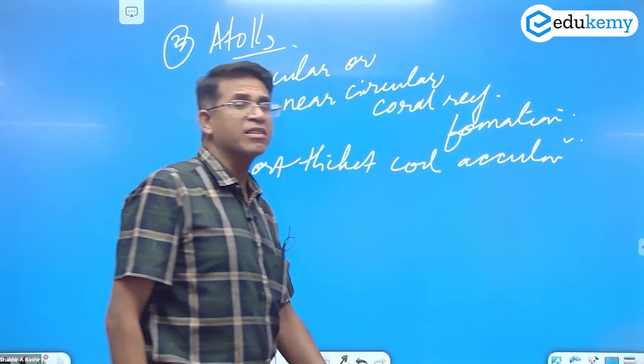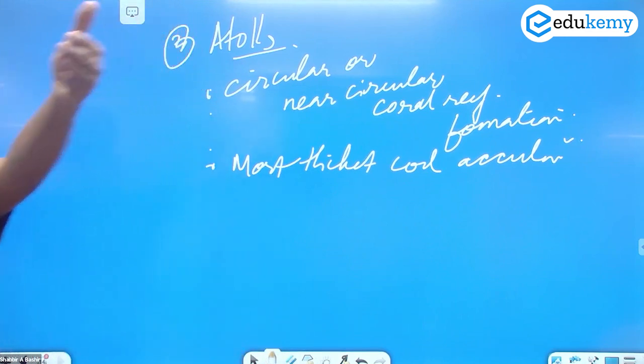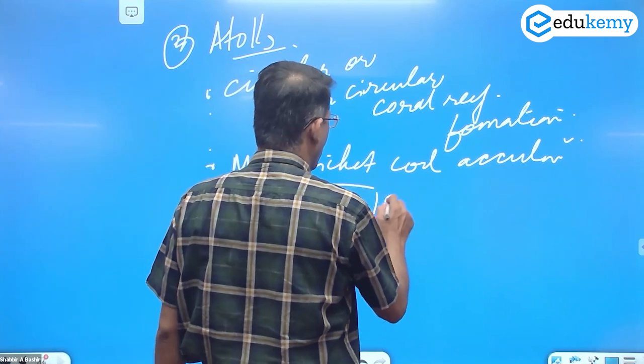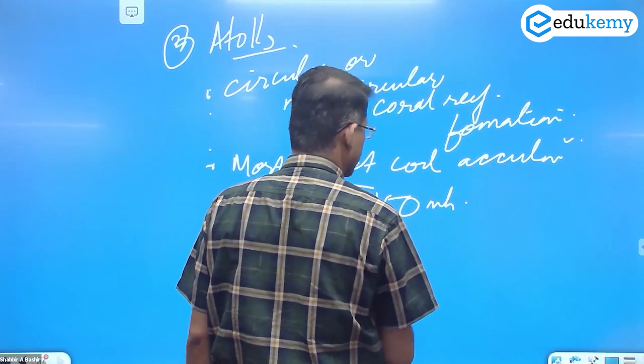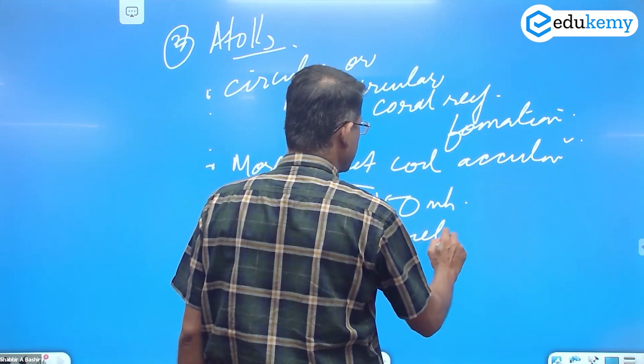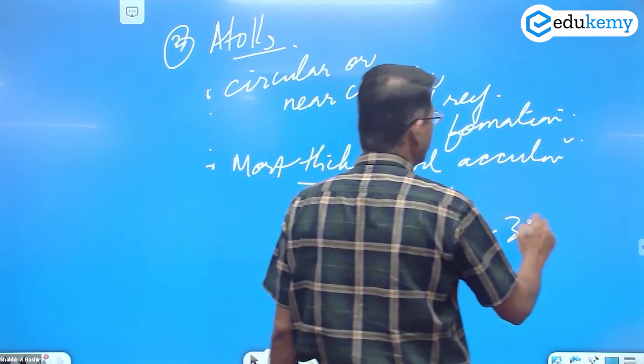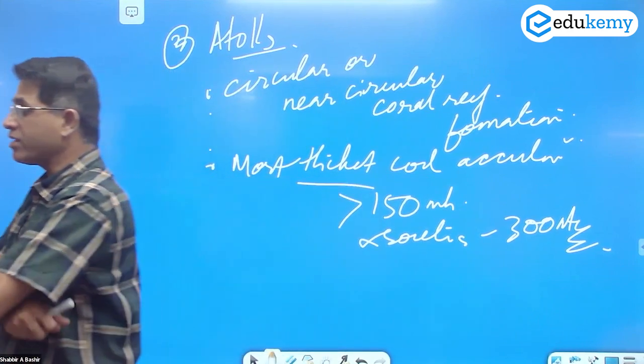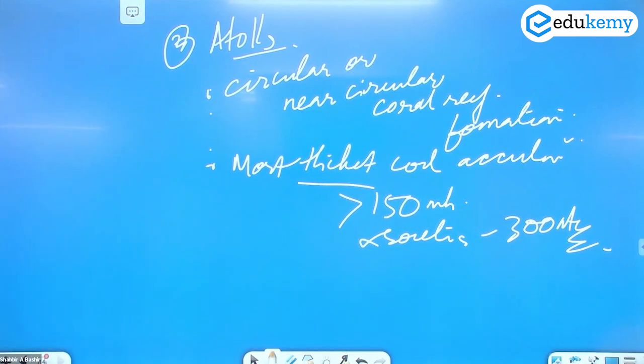Barrier reefs are the most extensive, large area में होता है coral reefs. Atolls are the thickest. इनका thickness, the thickness can be more than 150 meters and sometimes as much as even 300 meters.